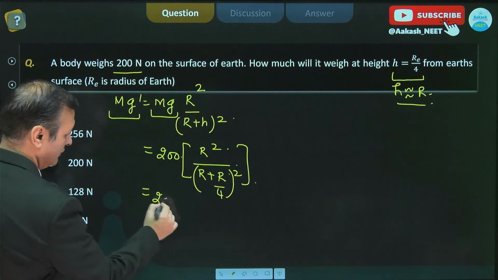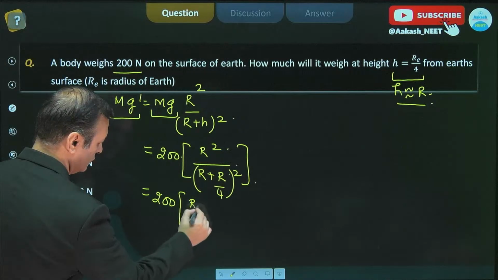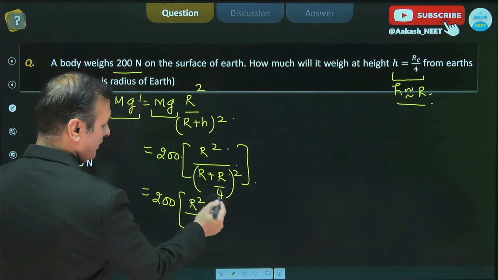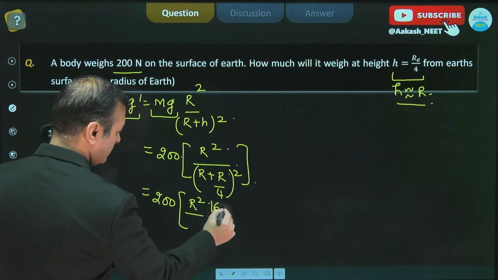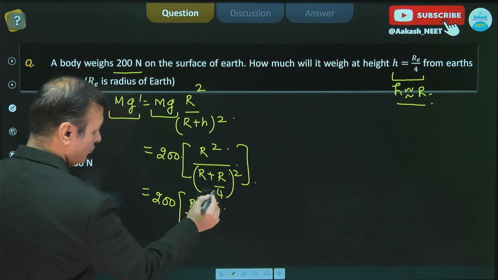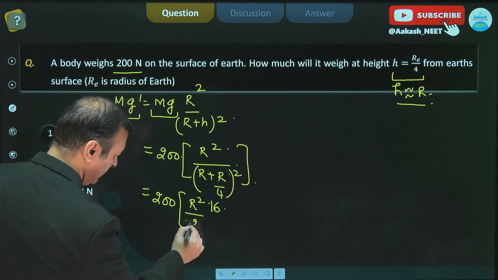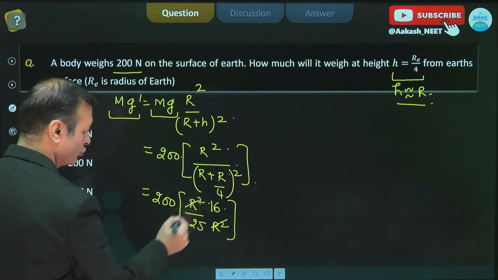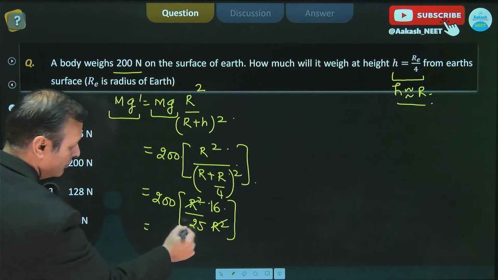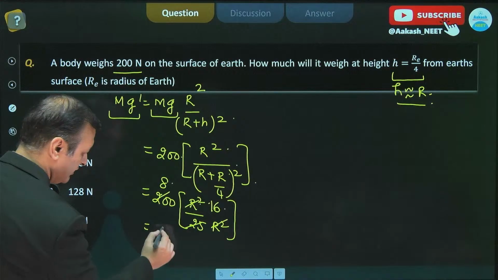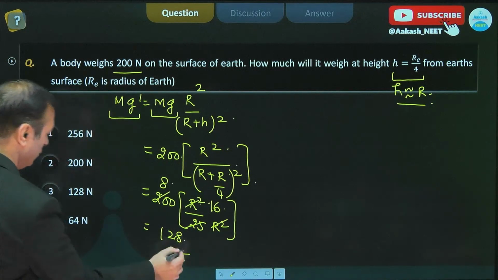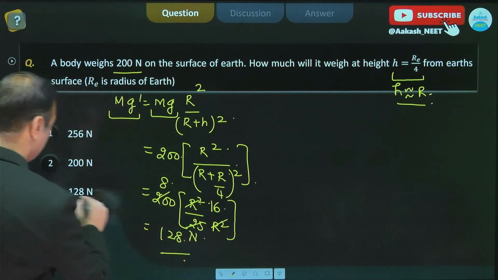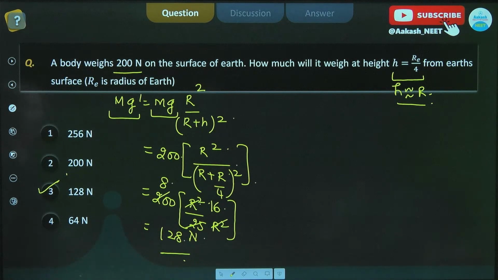So when you solve this, this is r square, and this becomes 5r by 4, and when you square it, it becomes 25 by 16. So 200 times 16 by 25, that is 8 times 16, which is 128 Newton. So that is the answer for this.